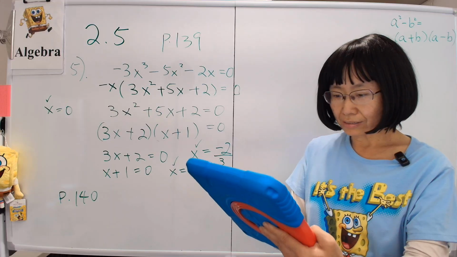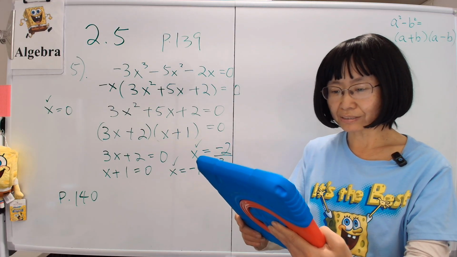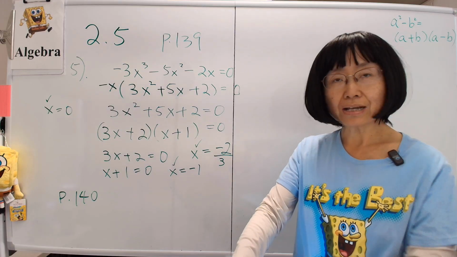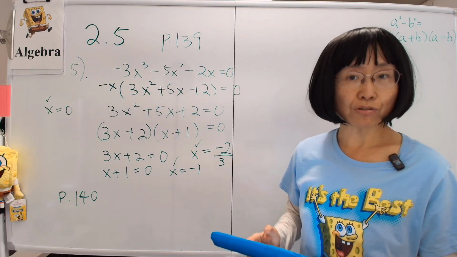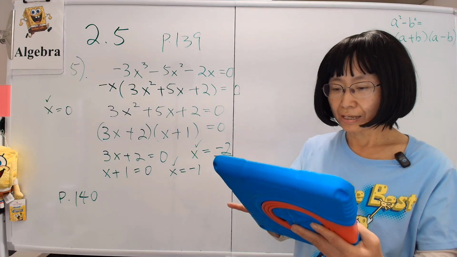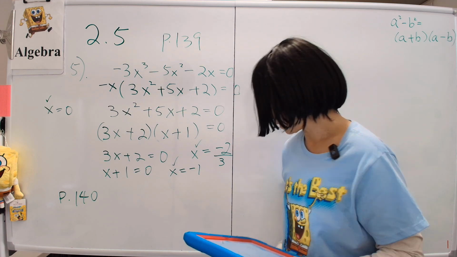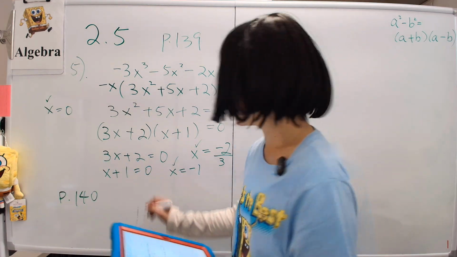So then let's look at an example, such as example 6, and that's x squared equals 8. Well, if x squared equals 8, then x will be the square root of 8 or the negative square root of 8. And you can also simplify the square root of 8 by making it into 2 square root of 2.